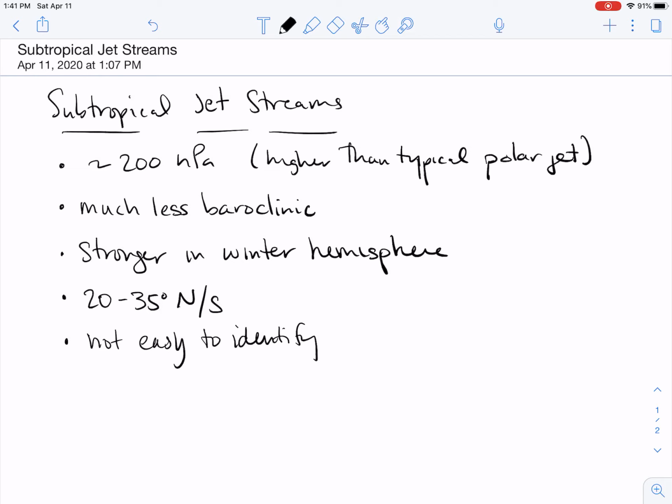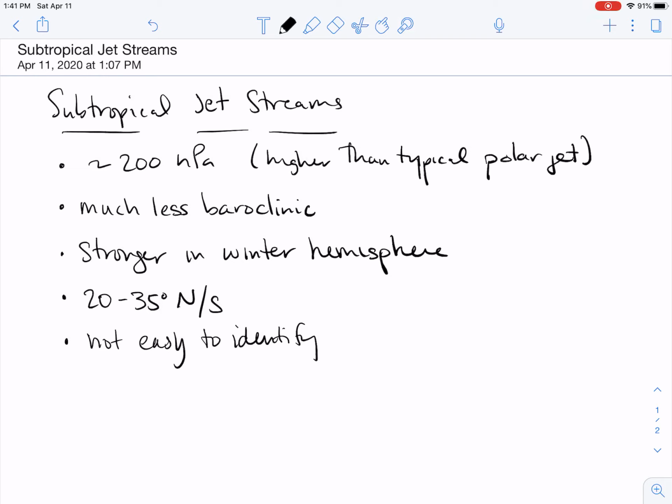We'll see a graphic in just a little bit that can help you see that to be the case. And so often when we say the southern jet is the subtropical jet, there may or may not be subtropical jet aspects to it, but that really could just be a combination of a second or third polar jet stream and elements of the subtropical jet stream as well.